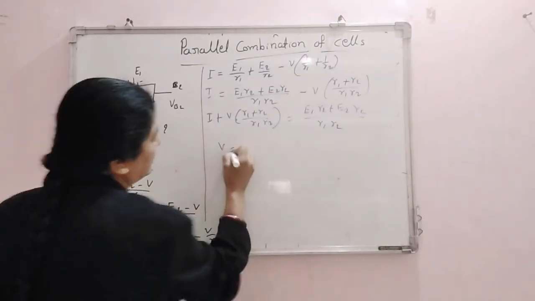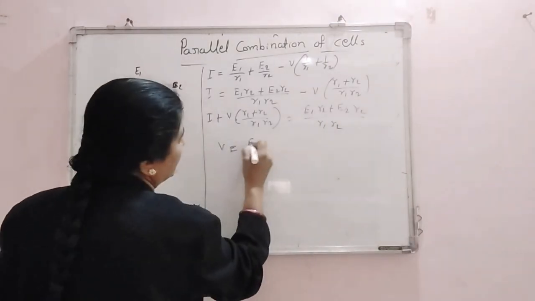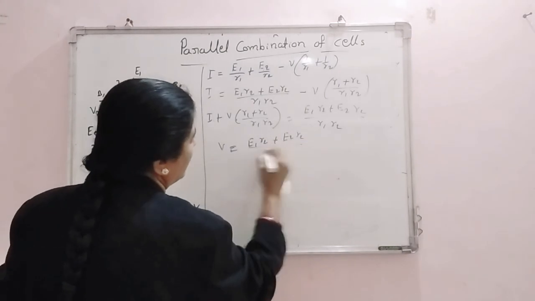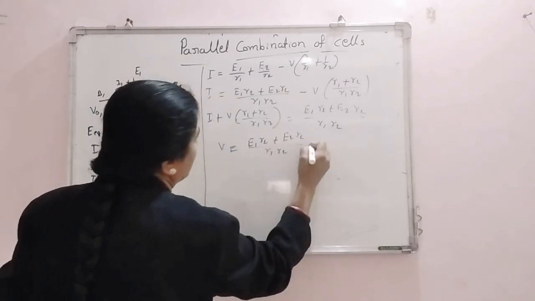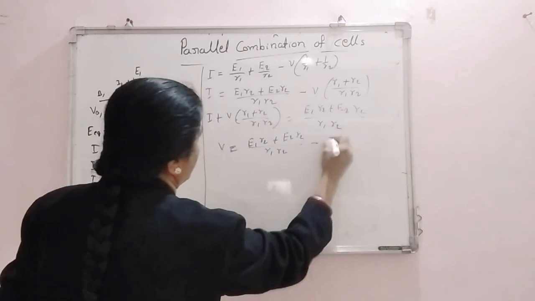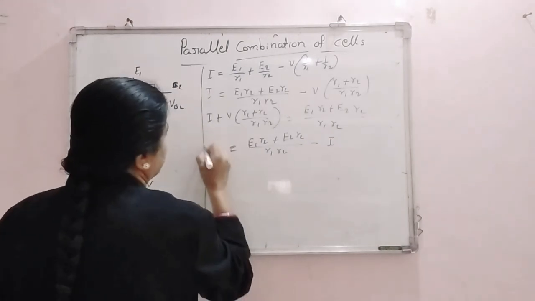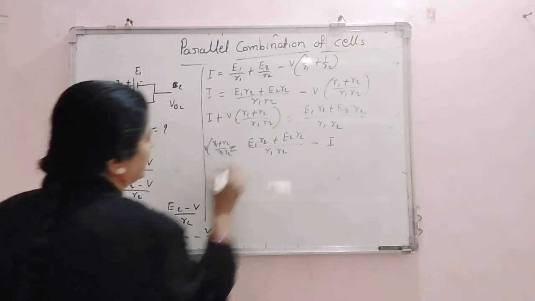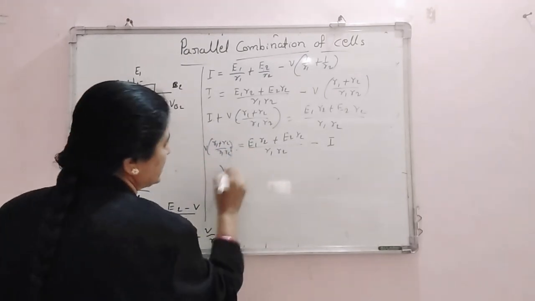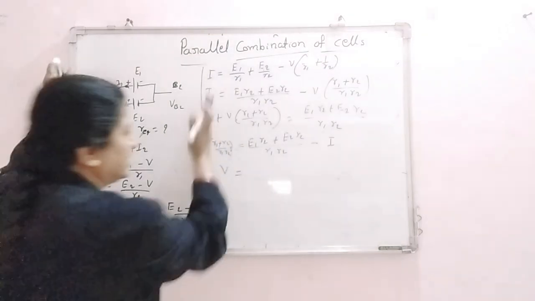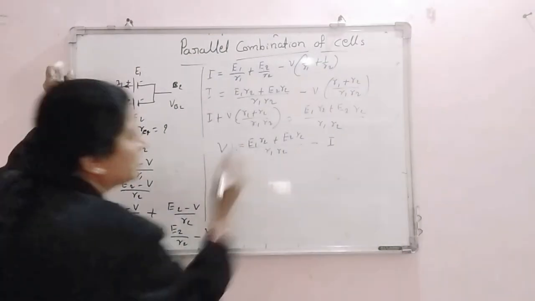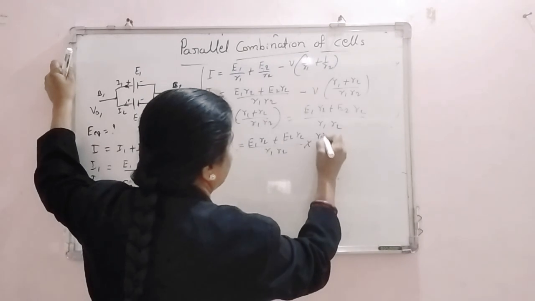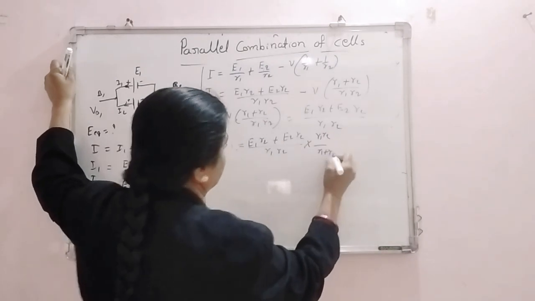So V is equal to (E1 R2 plus E2 R1) upon R1 R2 minus I into... V into (R1 plus R2) upon R1 R2. Therefore, taking the reciprocal, we have to multiply by R1 R2 upon R1 plus R2.